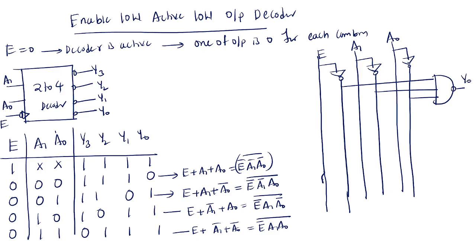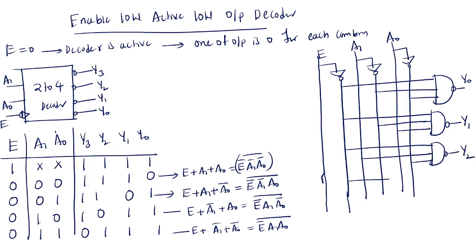This is Y naught. E bar, A1 bar, A naught connected with a NAND gate is Y1. E bar, A1, A naught bar connected with a NAND gate is Y2. And E bar, A1 and A naught connected with a NAND gate is Y3. Is it fine? Four gates.